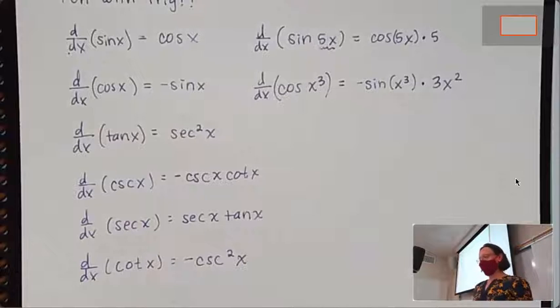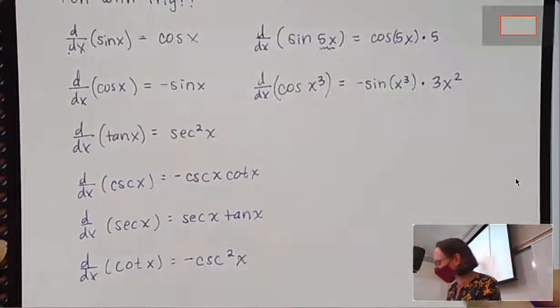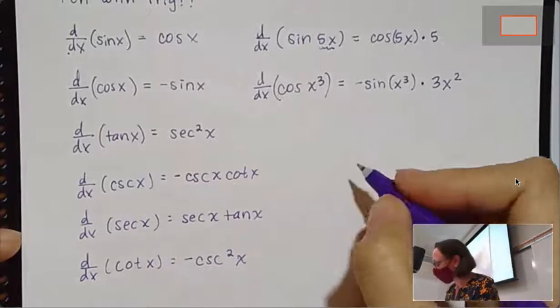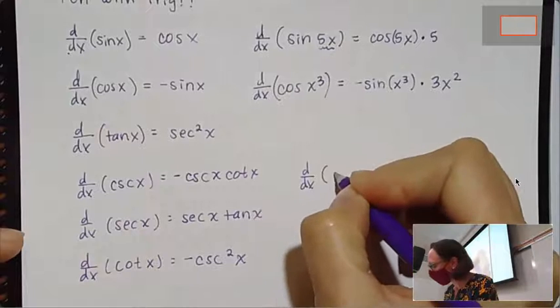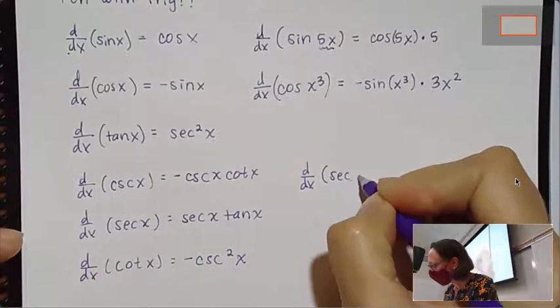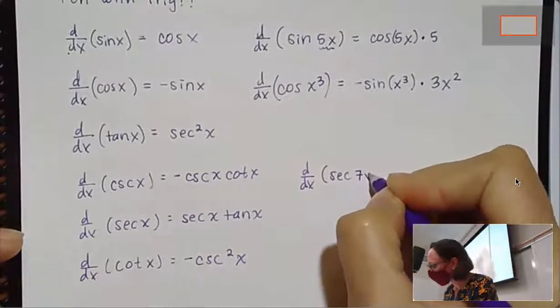Just as another refresher about chain rule fun, let's say that I was taking the derivative of secant of 7x squared.